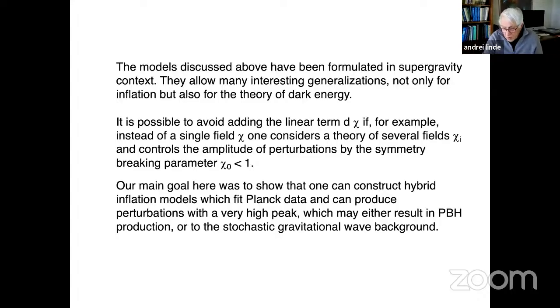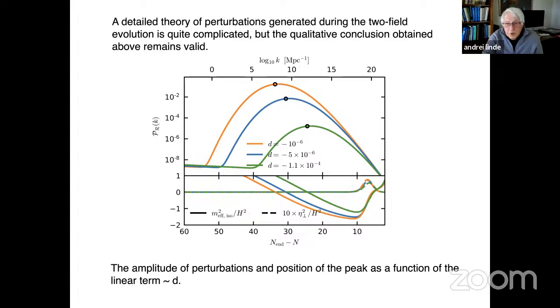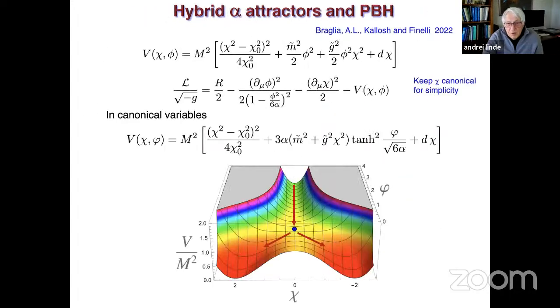But, for example, in the simple model which we studied here, I had one field, this field phi, which is an attractor, and its potential is tangent, and another field chi, and the field chi grows at large values of field chi up to infinity.